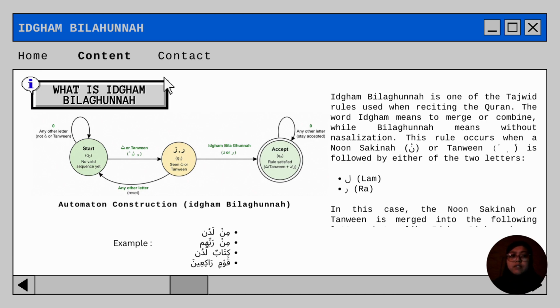From Q1, if the next letter is lam or ra, the automaton moves to Q2, the accept state, which means idgham bilaghunnah is detected. If the next letter is not lam or ra, the automaton returns to Q0. Once in Q2, the automaton stays there, confirming that the rule has been applied. So this DFA ensures that the detection process is systematic and consistent.